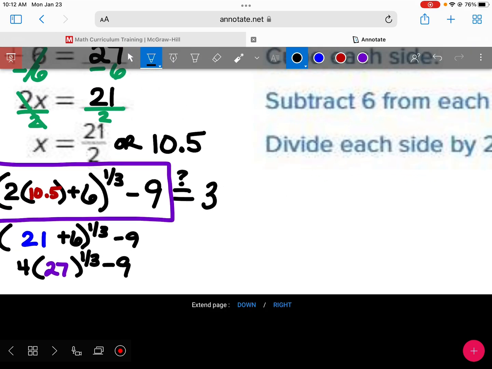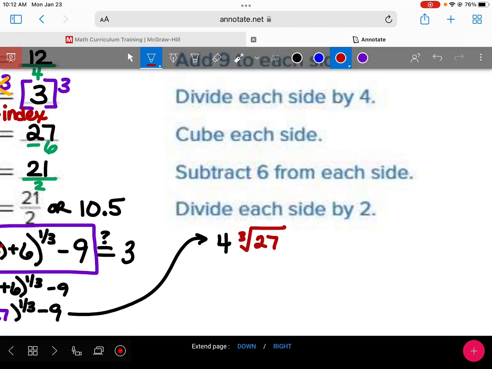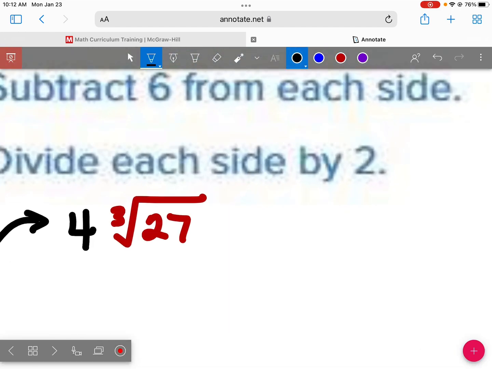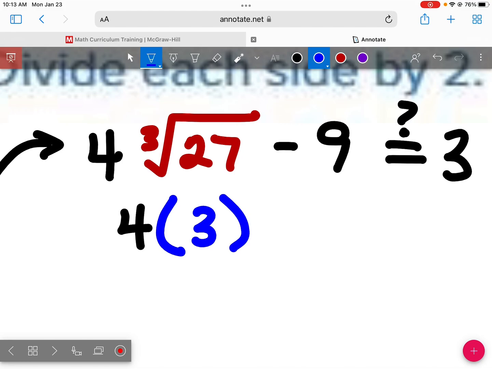I could rewrite that as the cubed root of 27. That's the same thing as the 1/3 power. What is the cubed root of 27? 27 to the 1/3 power. 3.